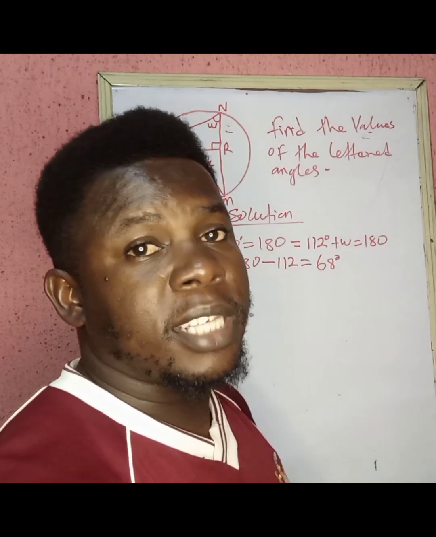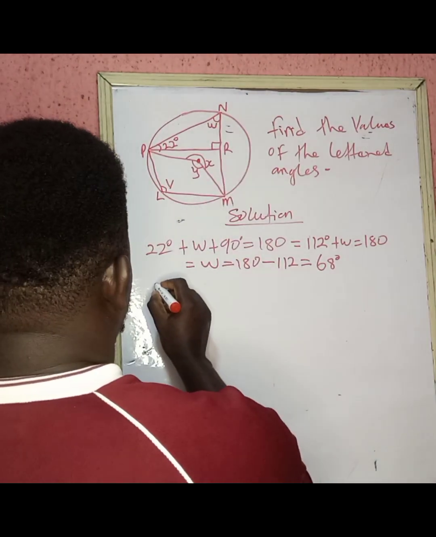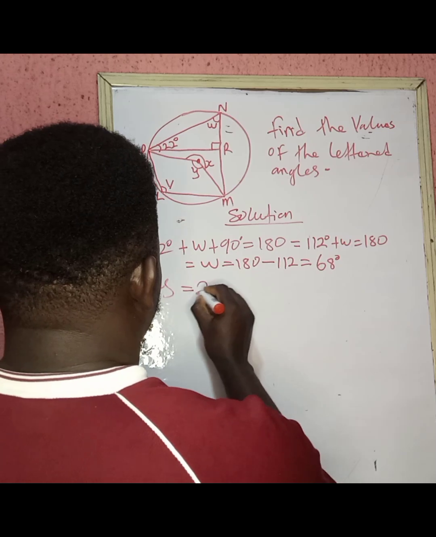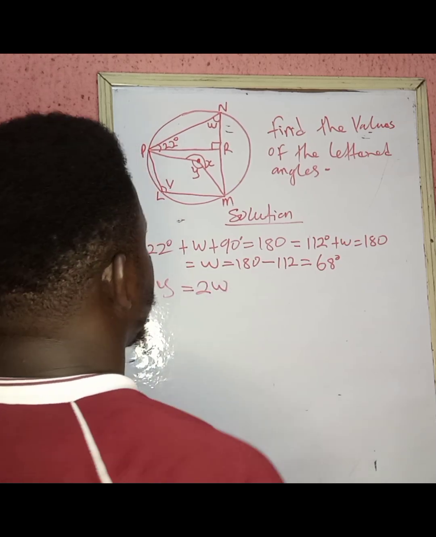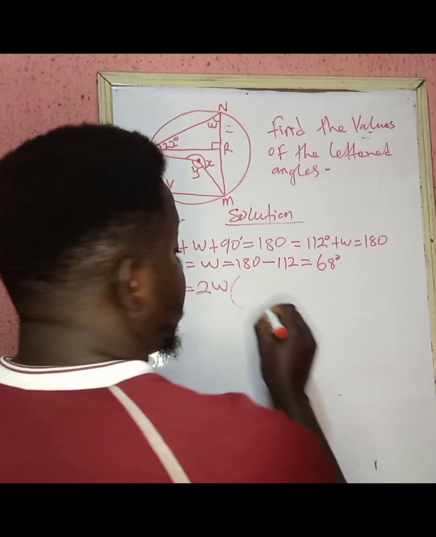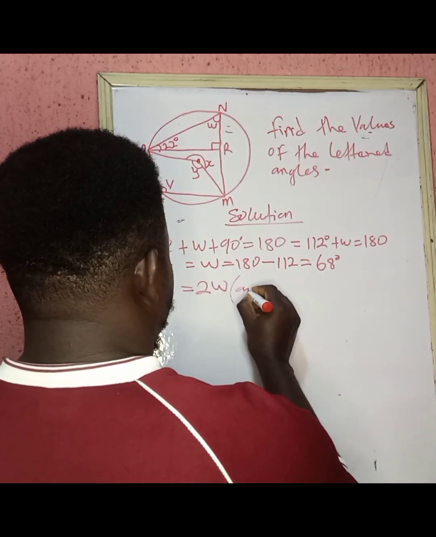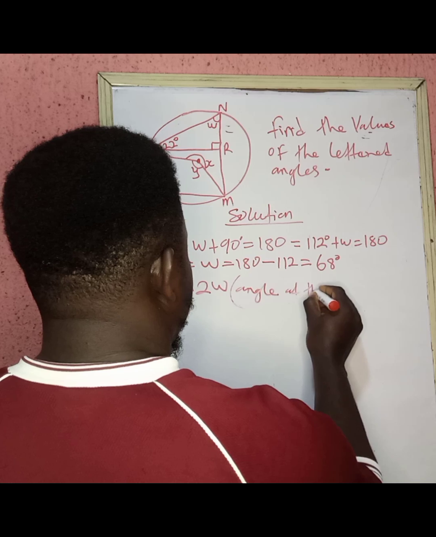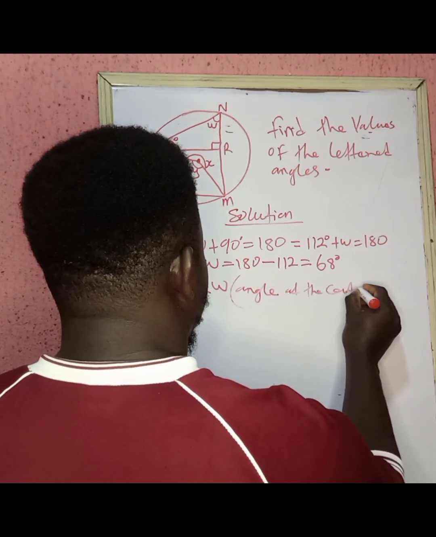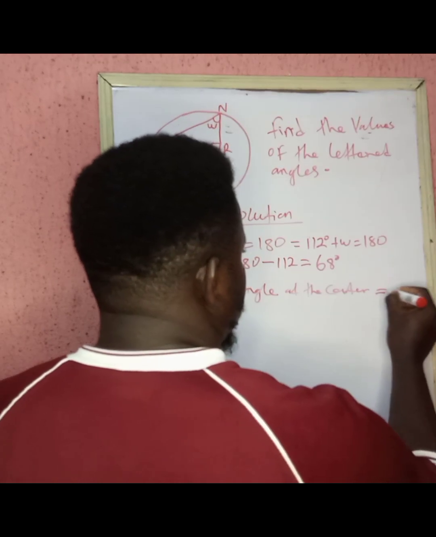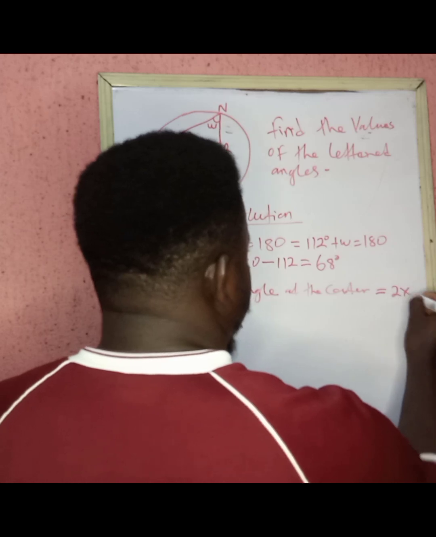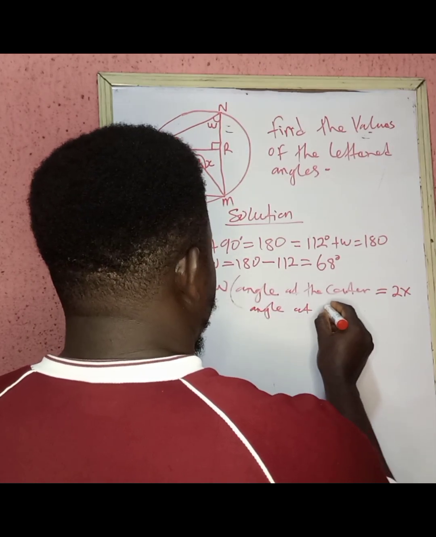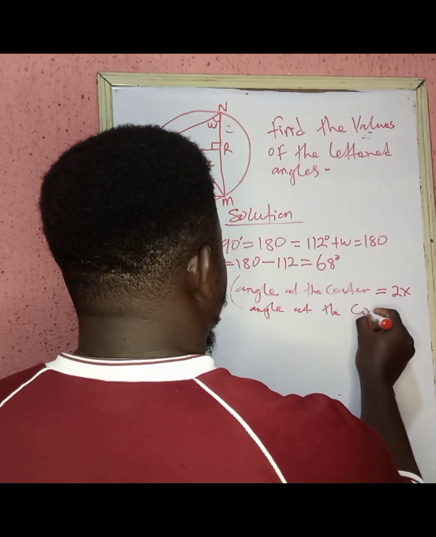Now we can solve for the circumference. We can say Y is equal to 2W. Reason being that angle at the center is equal to 2 times angle at the circumference.